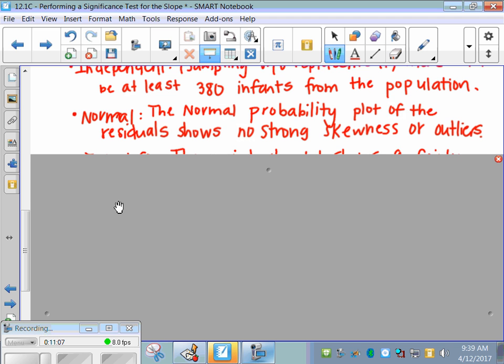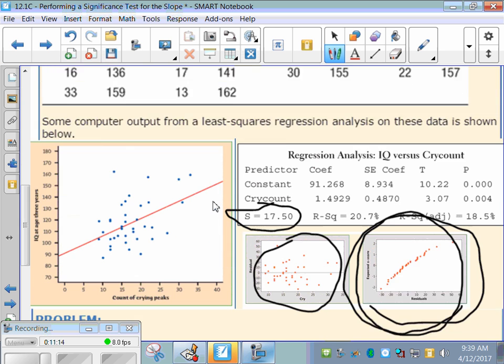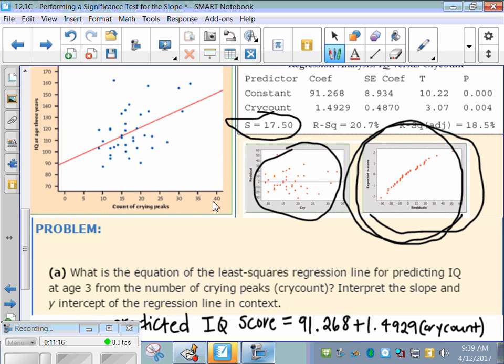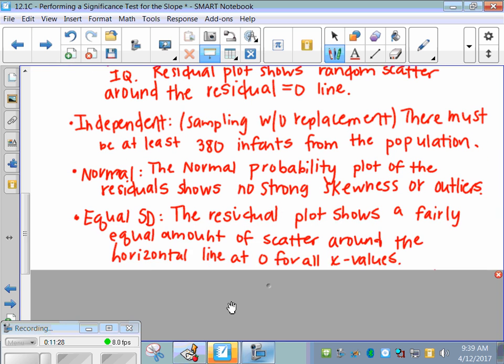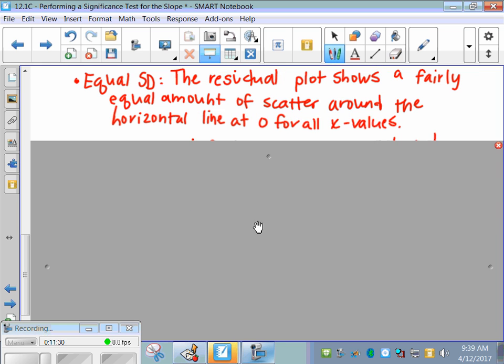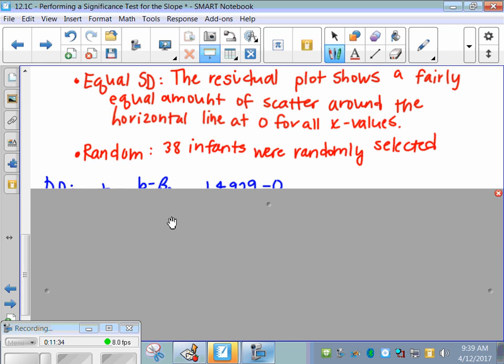So E, Jake, what's E stand for? And do we have equal standard deviations? Which graph? The residuals. You want to use this one. Residuals are about equal distance all the way across from left to right. And random, of course: 38 infants were randomly selected.